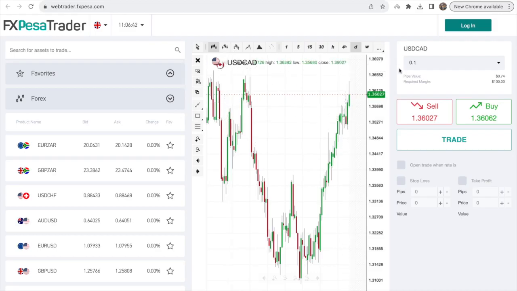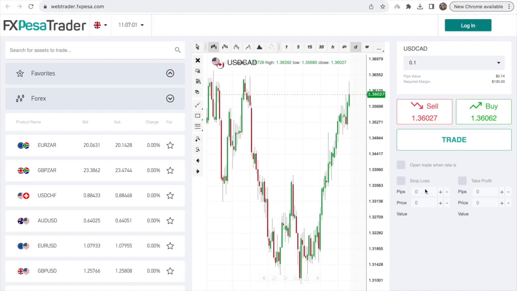Now what you want to do is expand this platform. So this side is just the assets to trade. And on the right hand side, or my right hand side, will be mainly the trading panel. So you can sell, you can buy, you can do whatever.